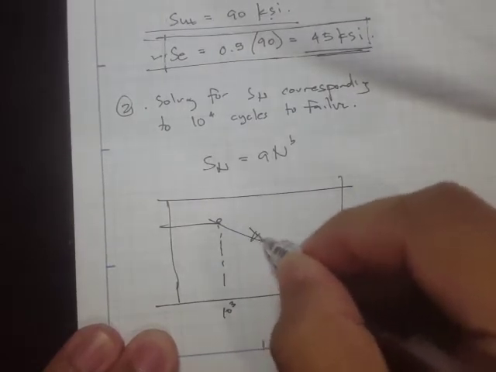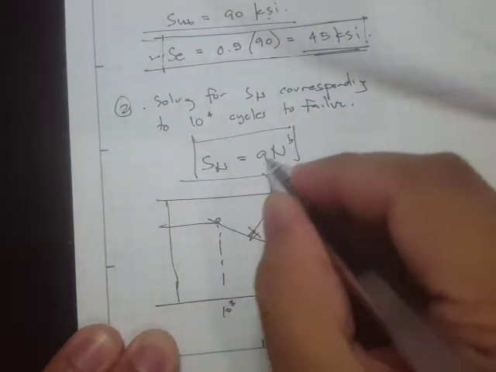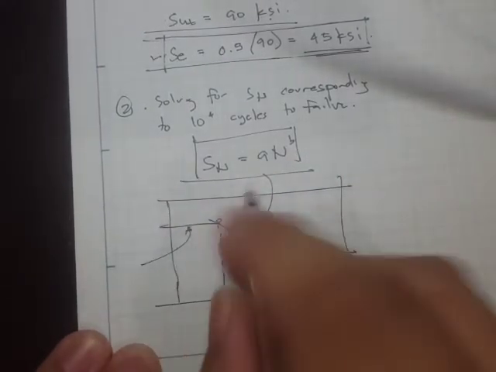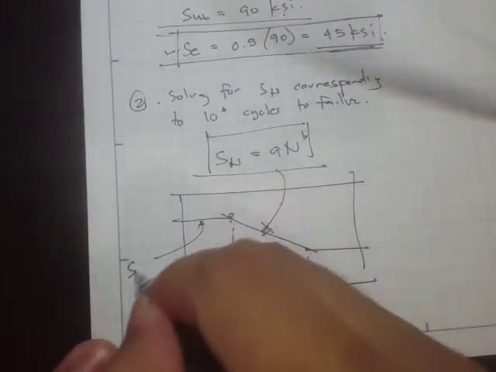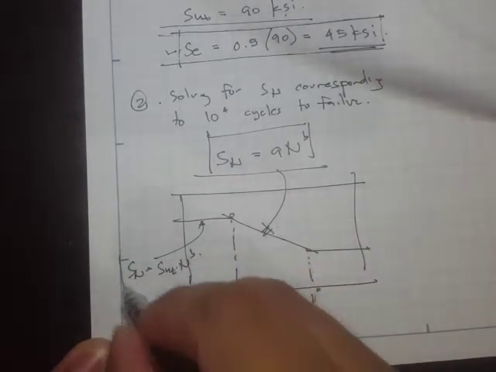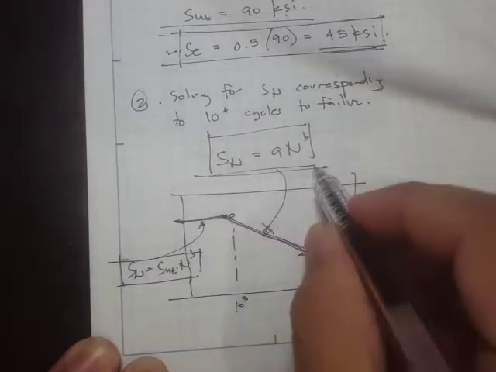Right here our equation is Sn equals A times n to the B, because for the low cycle fatigue, this is SUT times n to the B. So here's our working equation.